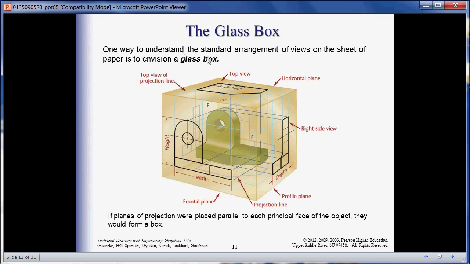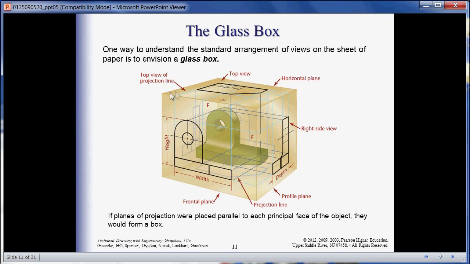So in order to understand the glass box, one way to understand is to view this. Let's read this here. One way to understand the standard arrangement of views on the sheet of paper is to envision the glass box. This is where a lot of us just, for some reason, I just didn't get it. Either you didn't review the material, or most likely I just didn't present it clear enough. But if you imagine this glass box, and let's say this box was a box of cereal.